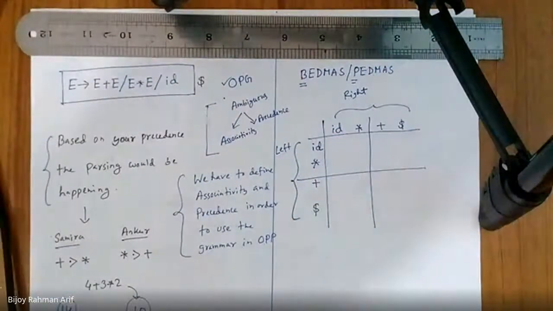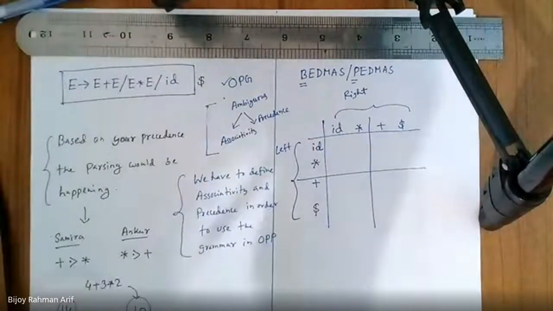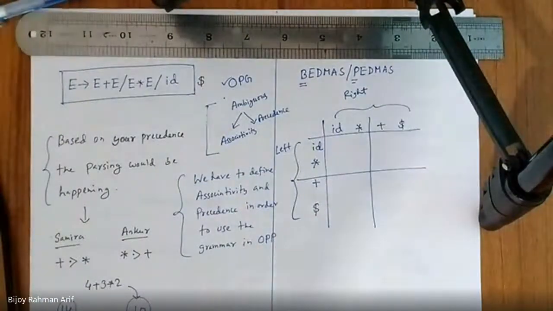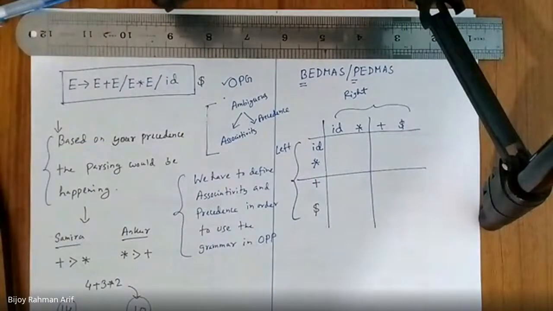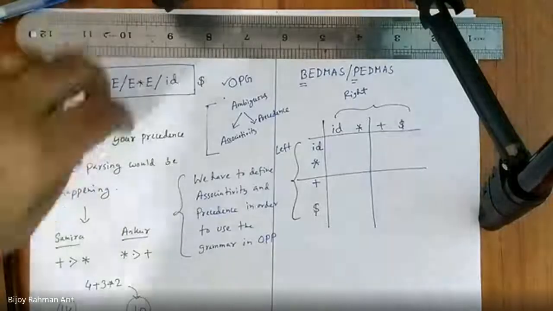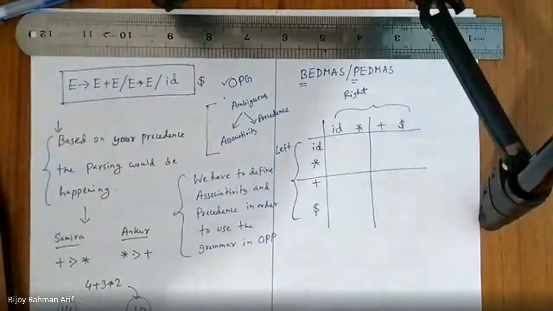Okay, guys. Now, ID and ID, what would be the associativity or the precedence? They're equal. Okay, so what type of grammar is this? It is operator precedence grammar. Do you remember? Yes, sir.